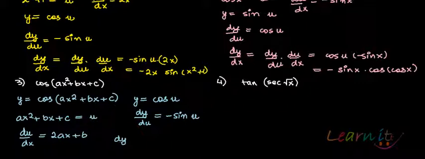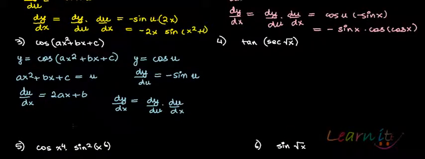But you know that dy by dx is given as a product of dy by du into du by dx, which is given as, let me write it here, dy by du is what?